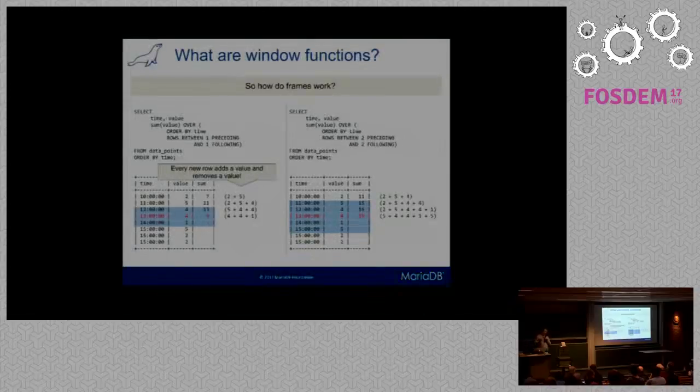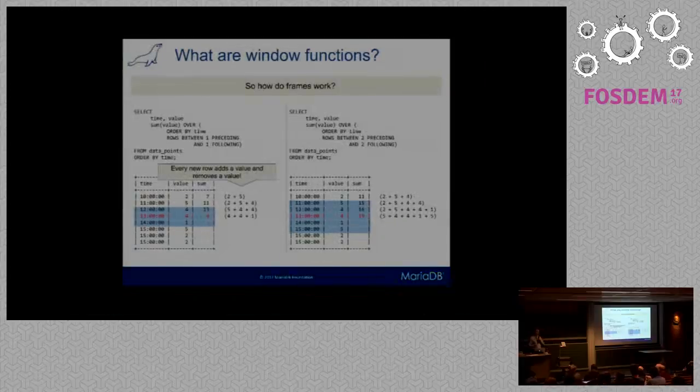Computing this is actually pretty easy if you look at how values get added and removed. So for each new row that we get, we keep a set of rows, remove some, and then add some. This is the key to why window functions behave very well for certain data sets. Because each computation is constant time.